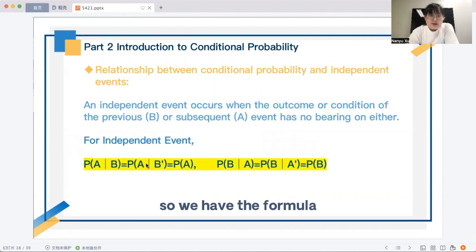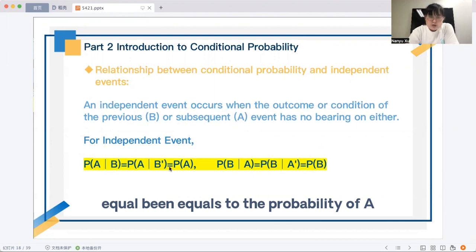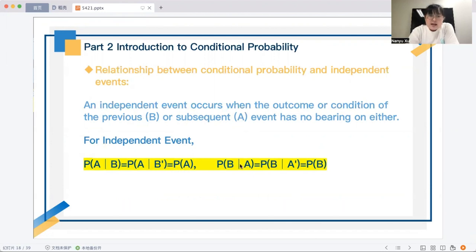So we have the formula: the probability of A given B is equal to the probability of A given the complement of B, which equals the probability of A. The probability of B given A equals the probability of B given the complement of A, which equals the probability of B.